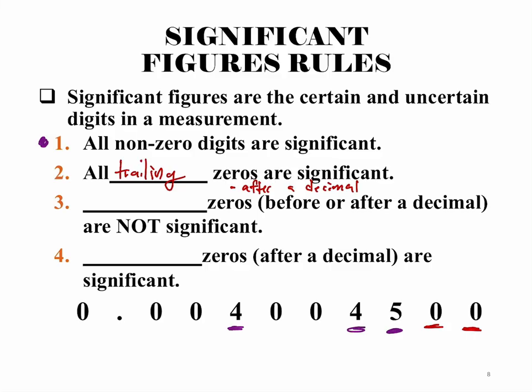Then we have, let me put a little here, that's for the trailing zeros. Then we have sandwich zeros, before or after a decimal place. This should be significant, not significant.